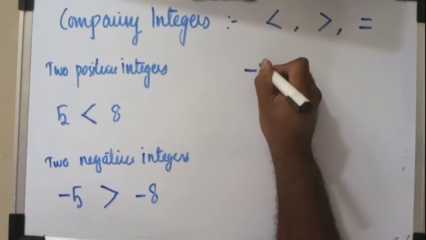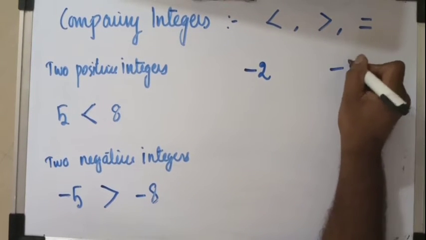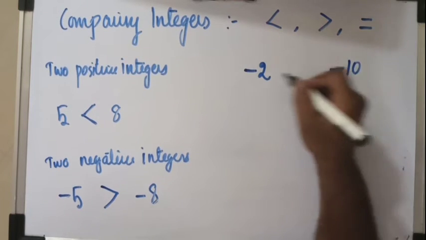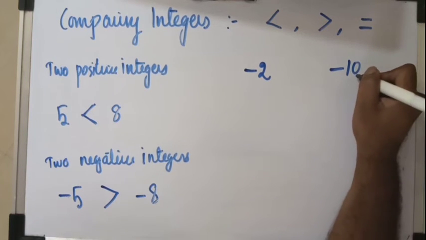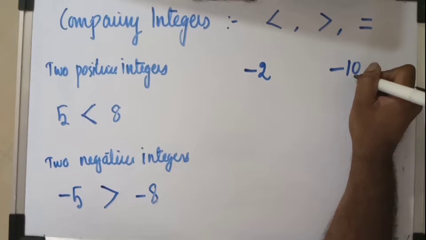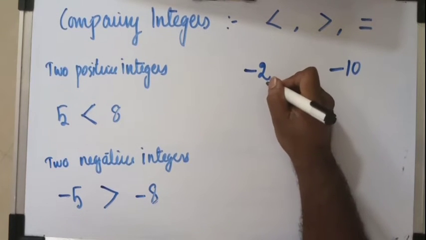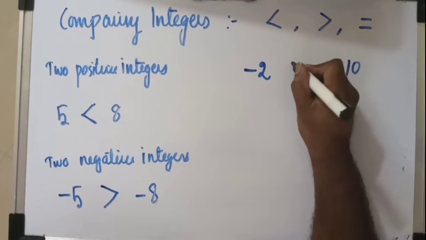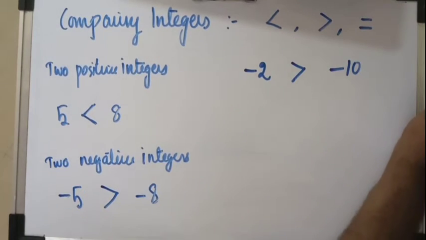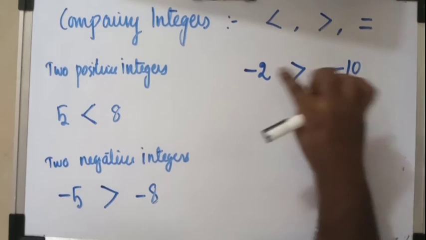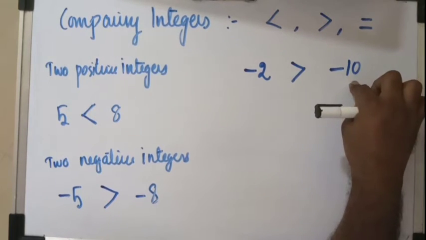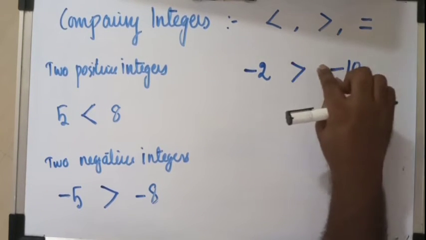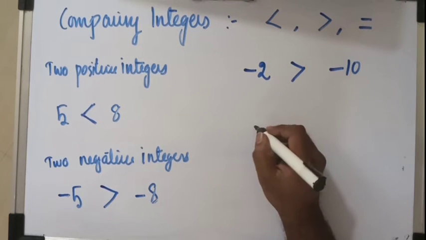In the same way, if you have to compare -2 and -10, both are negative integers. 10 is the greater number, 2 is the smaller number, but just because of the negative sign, 2 will be considered as the greater number. So when two negative numbers are compared, the smaller number will always be considered as the greater number.